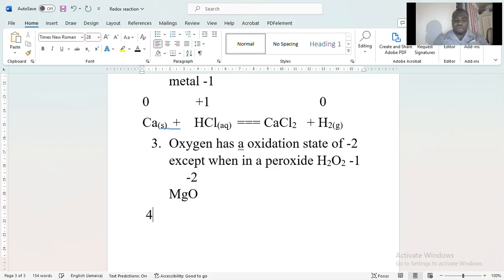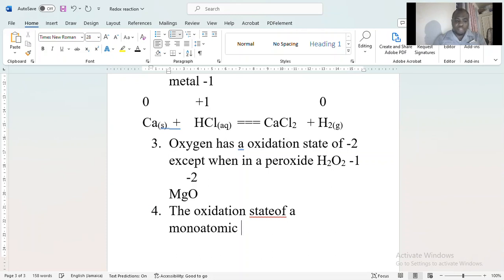So 4, the oxidation state of a monoatomic ion is the same as its valency.